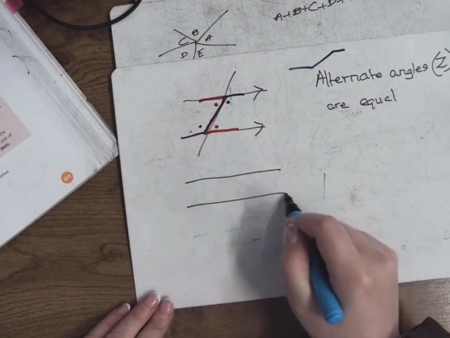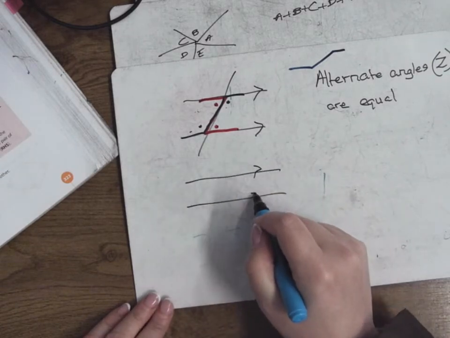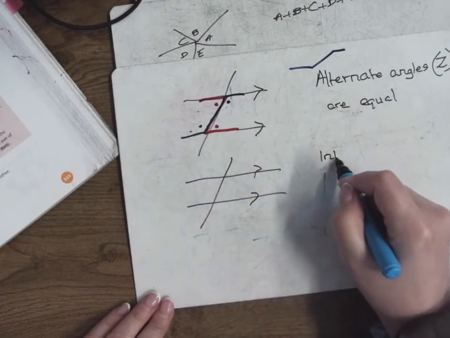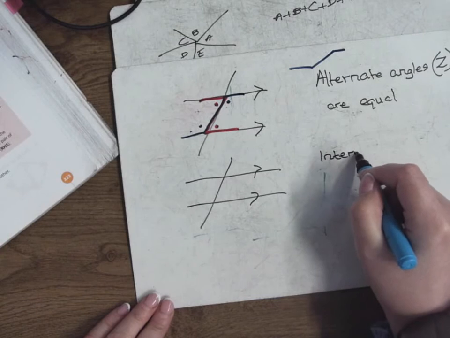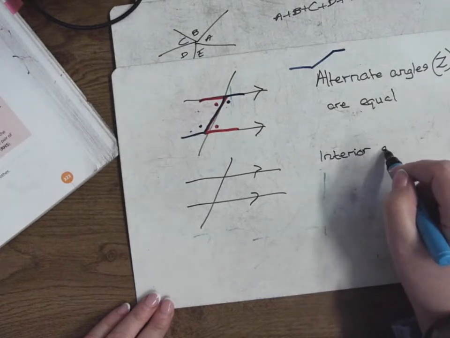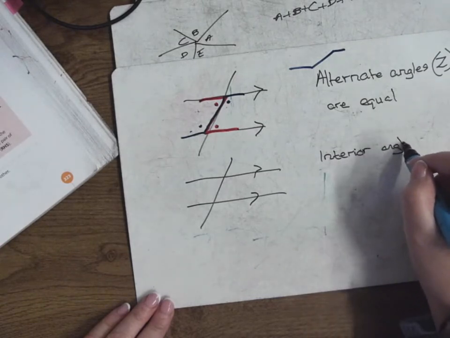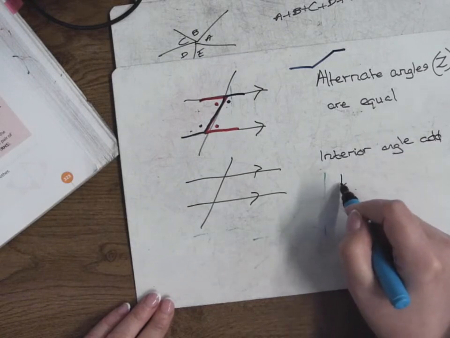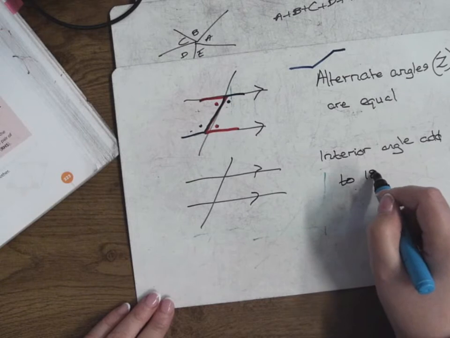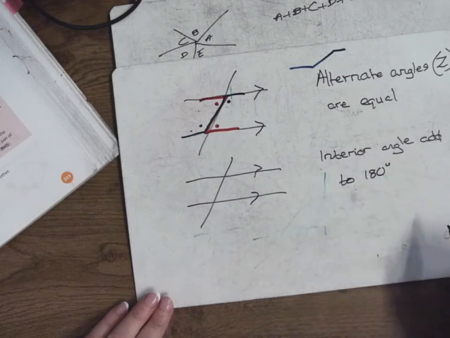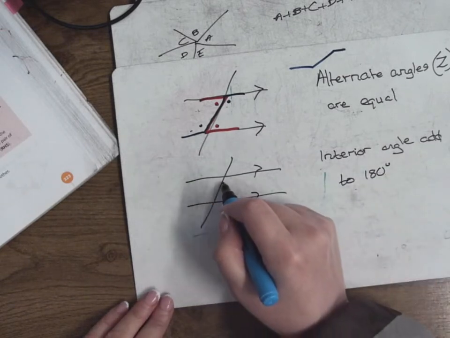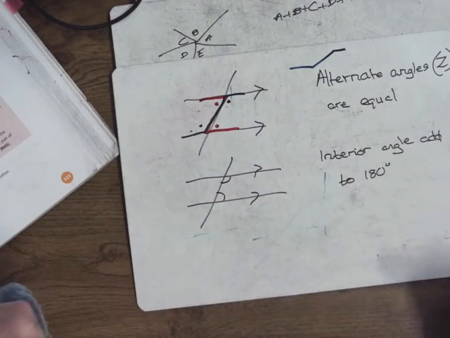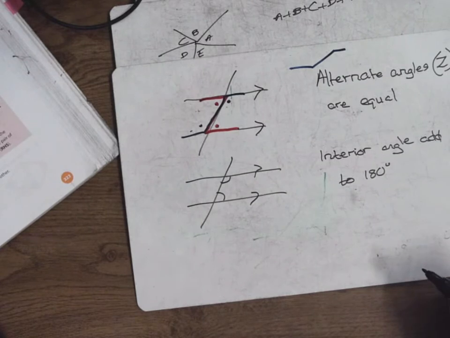And the last thing is interior angles. So interior angles add to 180. Okay, so by interior they're both inside the parallel lines.